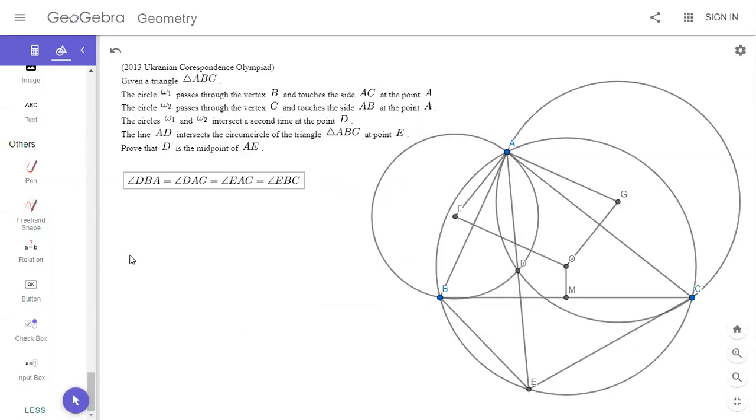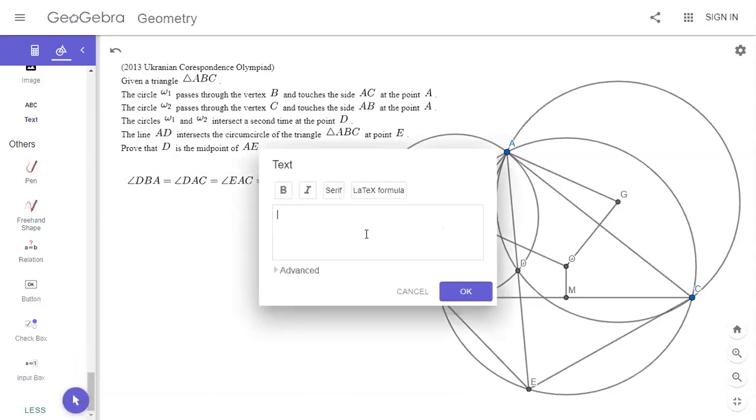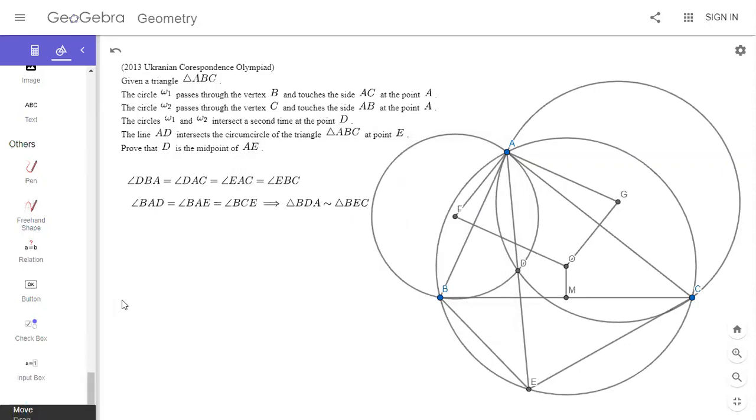And then also angle BAD equals... so BDA is similar to BEC.